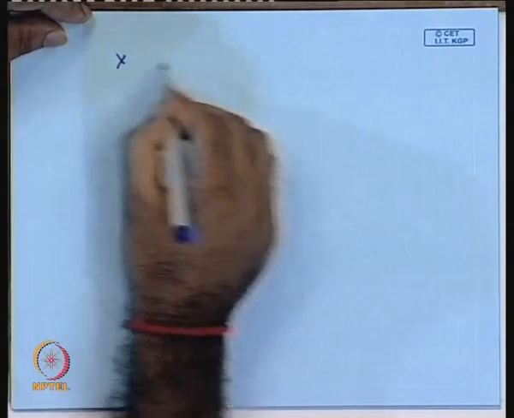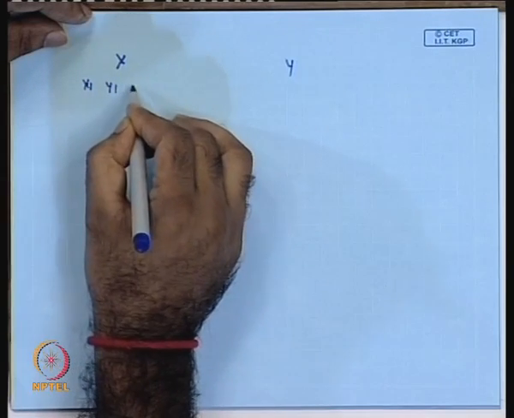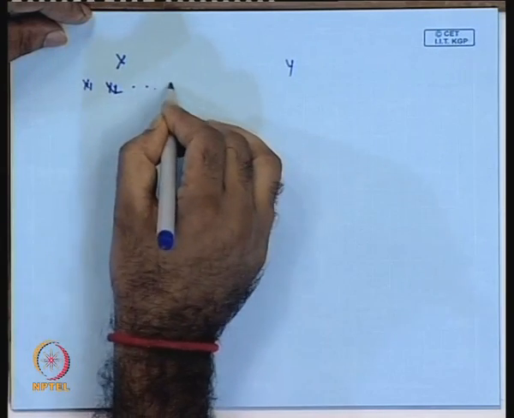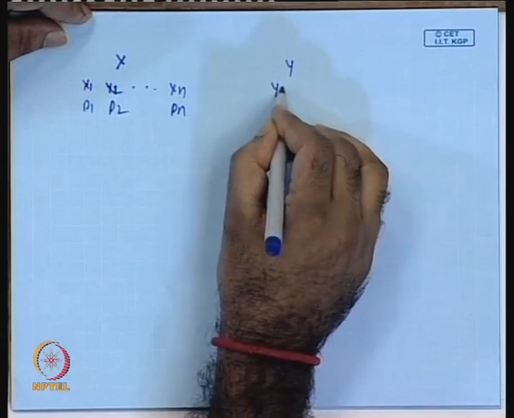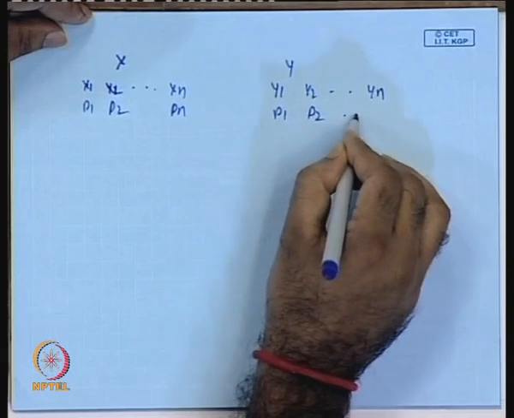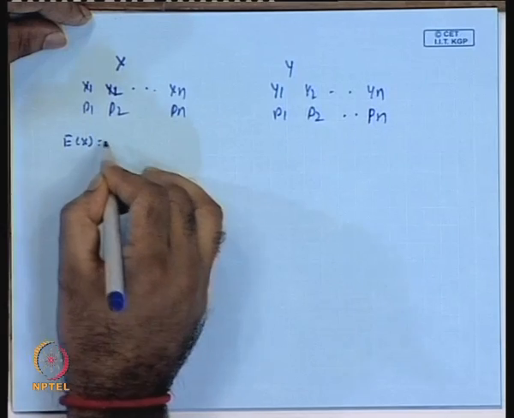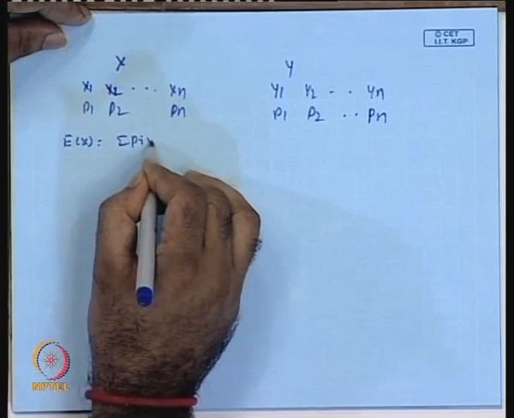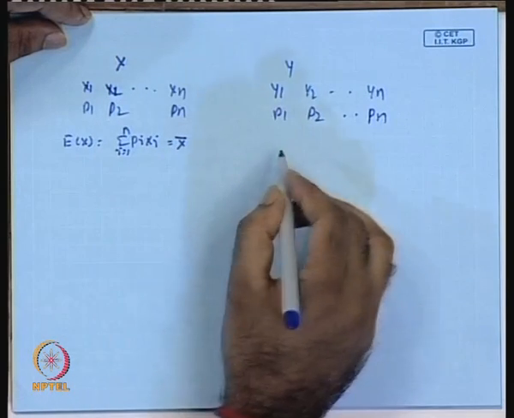Now for x and y: x1, x2 up to xn with p1, p2 up to pn; then y1, y2 up to yn with p1, p2 up to pn. So, E(x) is equal to summation pi xi, i equal to 1 to n, which is nothing but x bar.